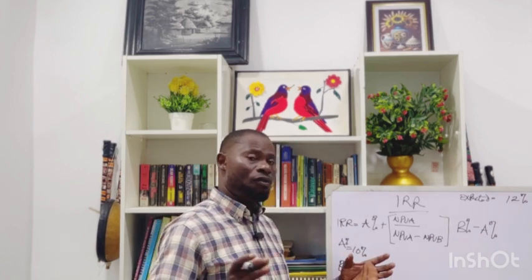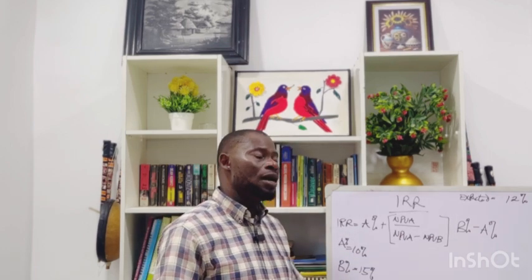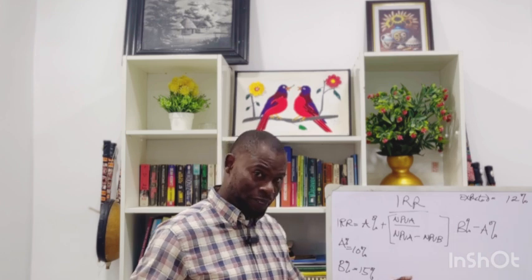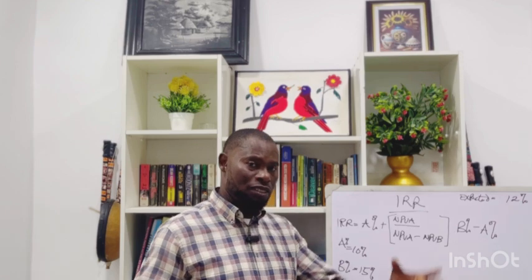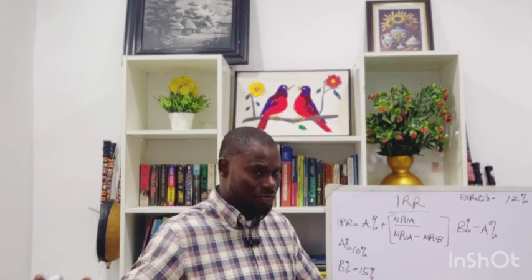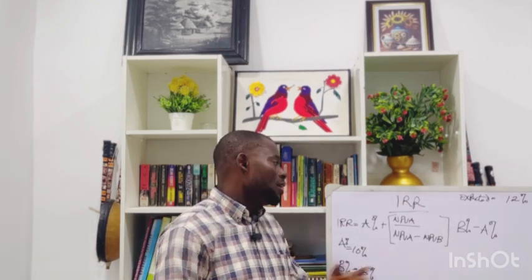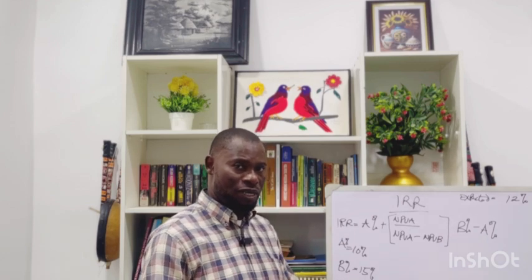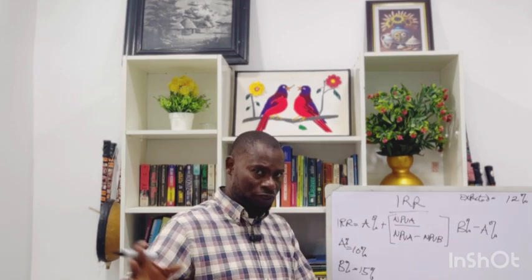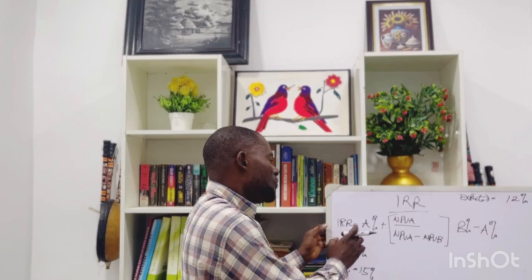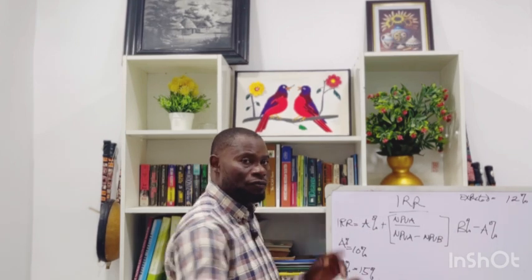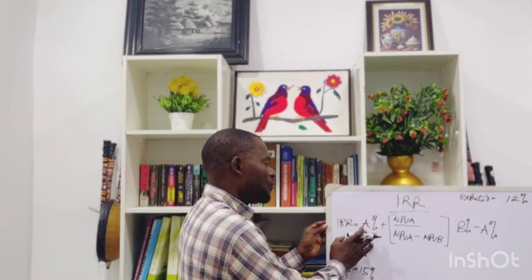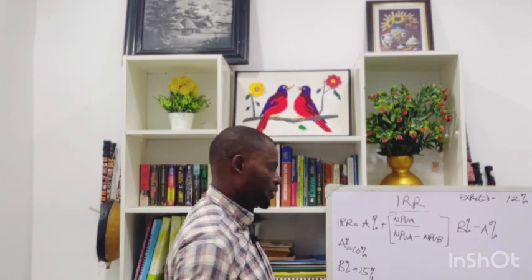I told you that for IRR, we have to do at least two experiments, that's two calculations of the NPV. And it's experimental because you are supposed to get a positive NPV and a negative NPV so you can interpolate. For the example we are looking at, we have already gotten a negative and a positive NPV. So the first cost of capital is what we call the A%. And if you recall, the percentage we applied first is 10%.